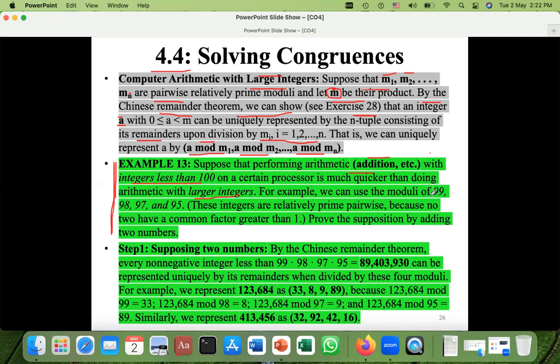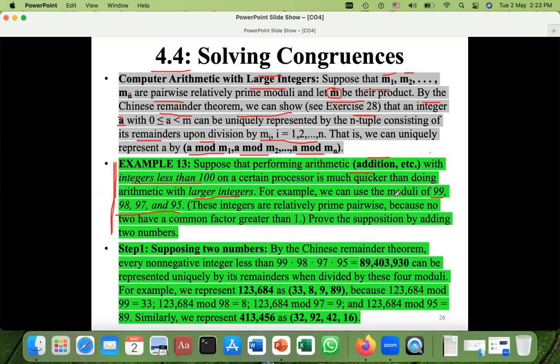For example, here we are taking moduli less than 100, starting with 99, 98, 97, and 95. So we are considering from 100 backward, only 4. It can be more, but just for example. And they are relatively prime.